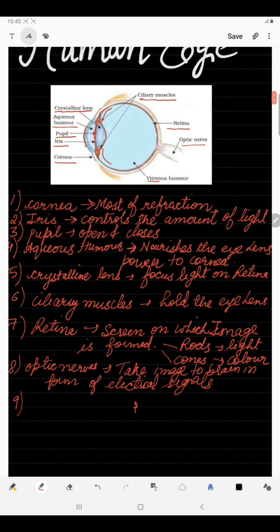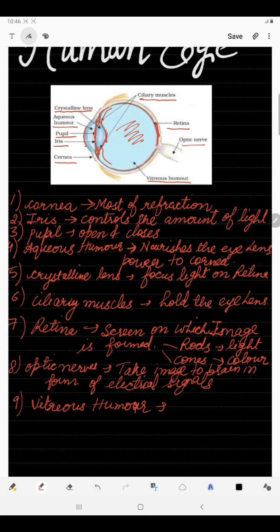And last but not the least, we have vitreous humor. It is the space between this eye lens and the retina. The space between the eye lens and the retina is filled with a jelly-like substance which is known as vitreous humor.